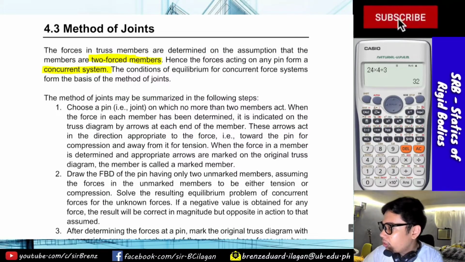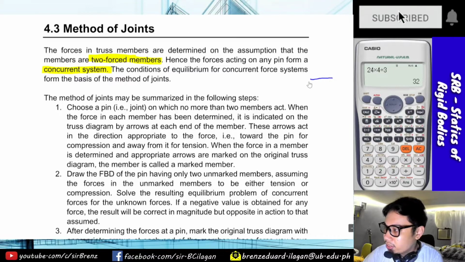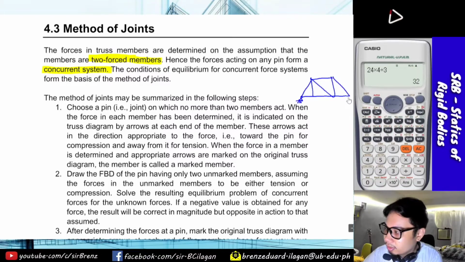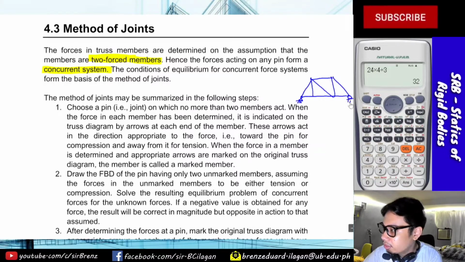So, ano ba yung method of joints? So, again, gawa lang ako dito ng simple truss. Sabi nga doon sa kaninang paragraph, yung truss natin is supported by a fixed pin and a fixed roller.